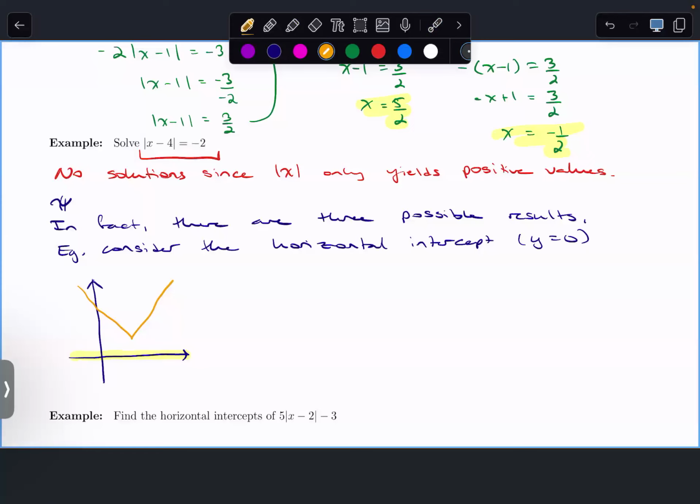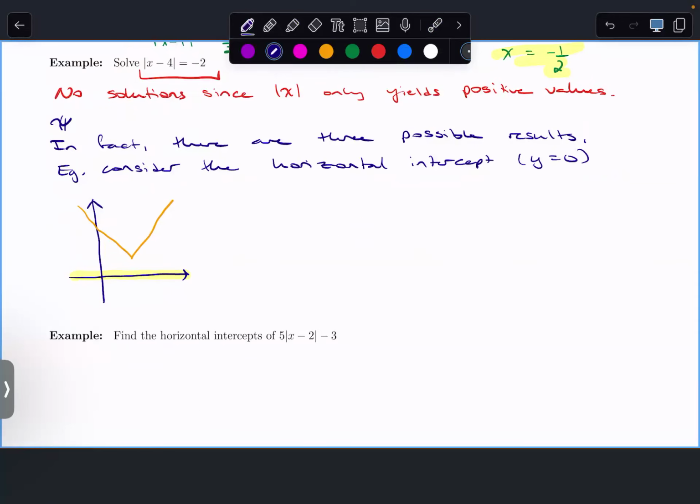And so here we have 0 horizontal intercepts. Can I abbreviate this HI? I will. Because it never crosses the x-axis.